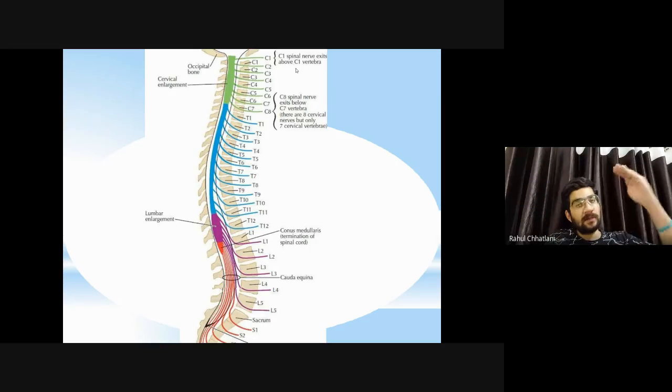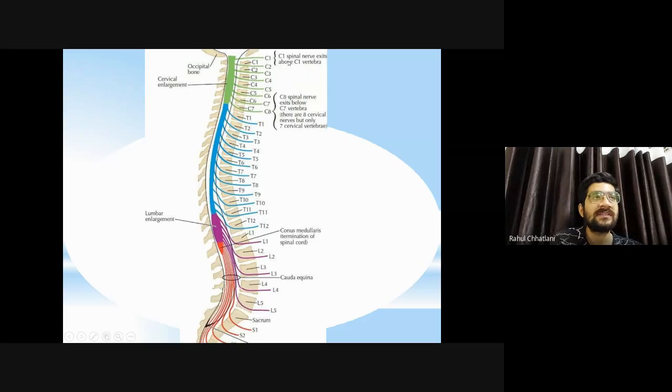But when it comes to the lower cervical vertebrae, the nerve exits below the level. So the C1 spinal nerve exits above the C1 vertebra, before C1 starts. Moving down, you can see the C8 spinal nerve exits below the C7 level.